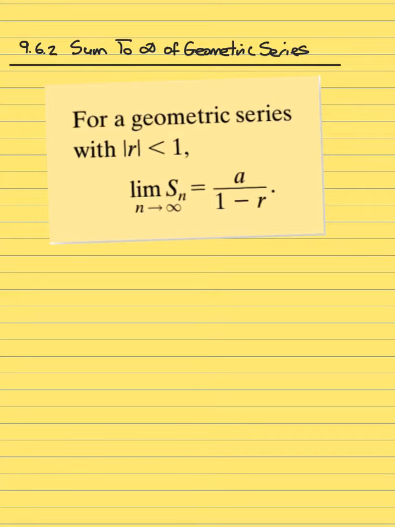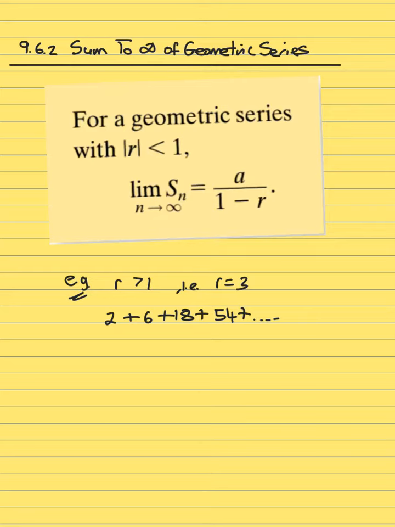Because if the common ratio is greater than 1, then we would have something like, maybe the common ratio would be 3, and you could have something like 2 plus 6 plus 18 plus 54 and so on. And of course the limit of that doesn't exist because it just continues on.